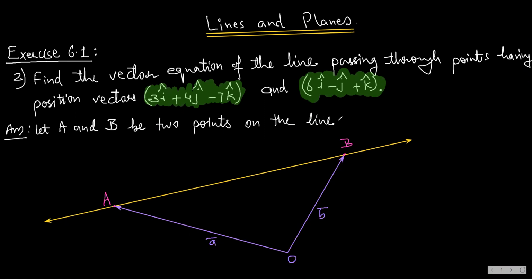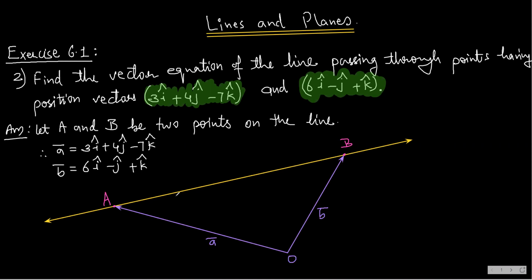Therefore, what they give me here are the position vectors of those 2 points, so they are A bar and B bar. A bar is 3i cap plus 4j cap minus 7k cap, and B bar is 6i cap minus j cap plus k cap.